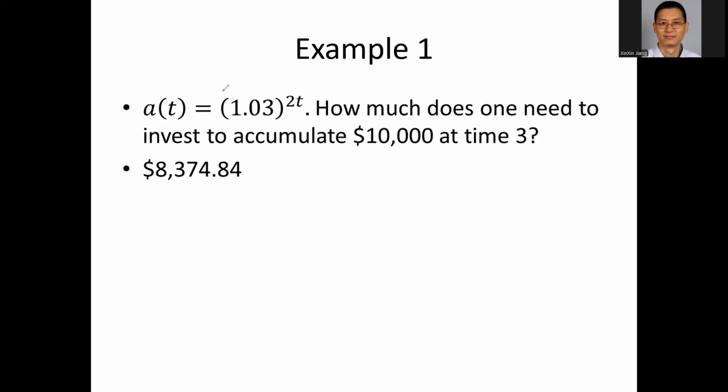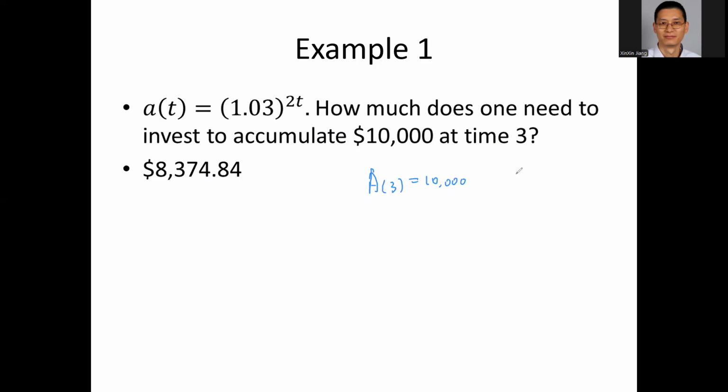Okay, so we have this accumulation function, A of t equals 1.03 to the 2t. How much does one need to invest to accumulate $10,000 at time 3? So we have A of 3 equals $10,000.